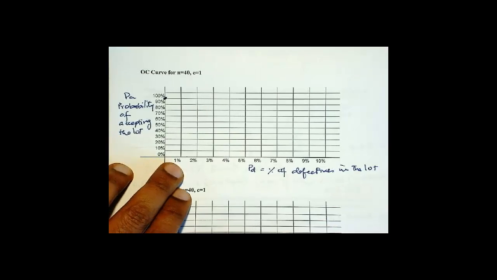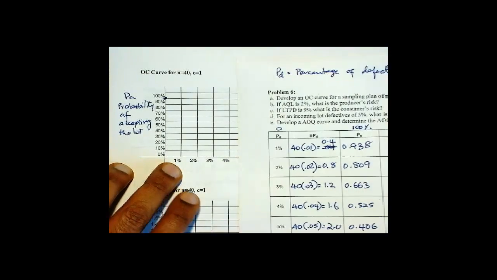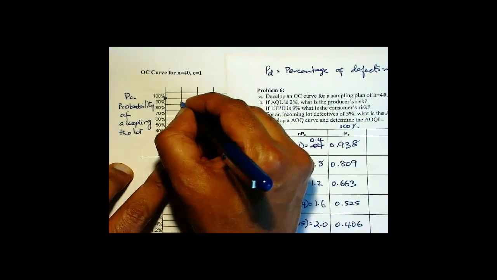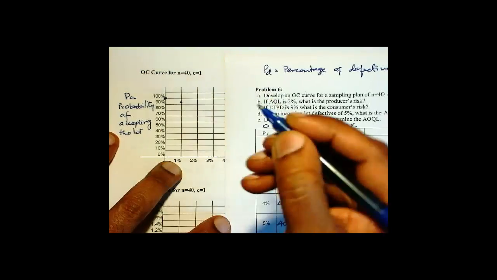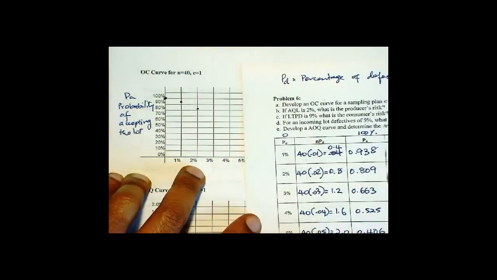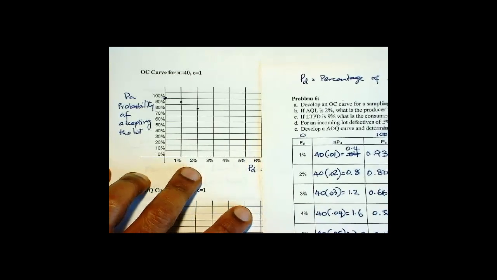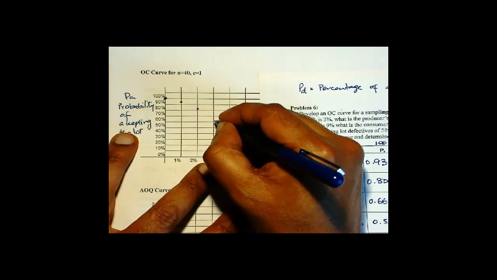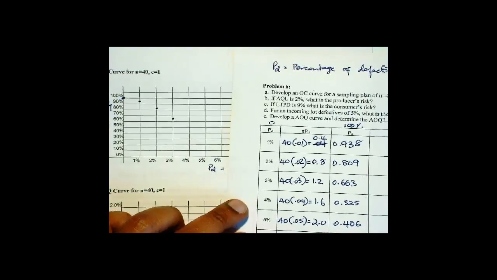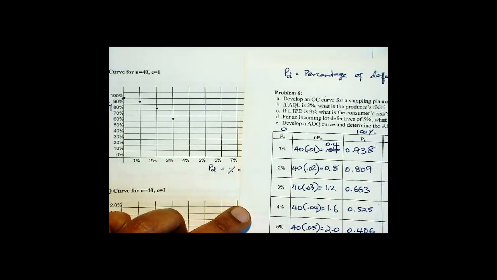When we have 1%, 0.938 is the probability of accepting the lot. So 0.938 is about over there. Then for 2%, it is 0.809. 3% is 0.663. For 4%, next is 0.525.